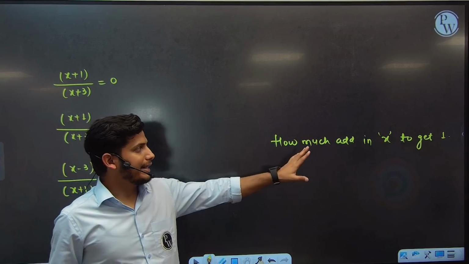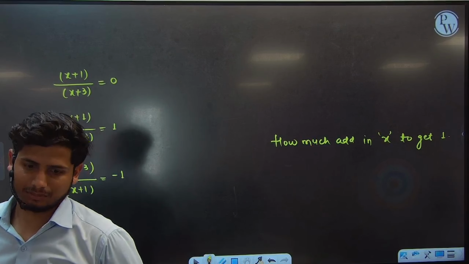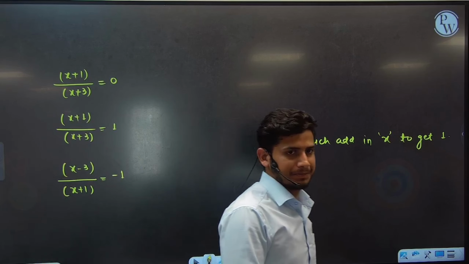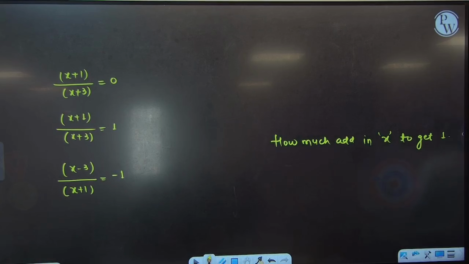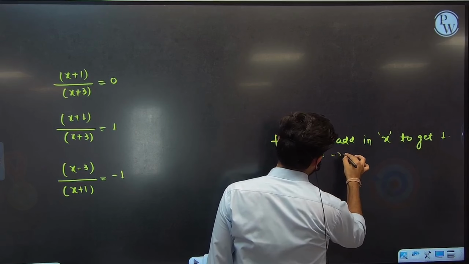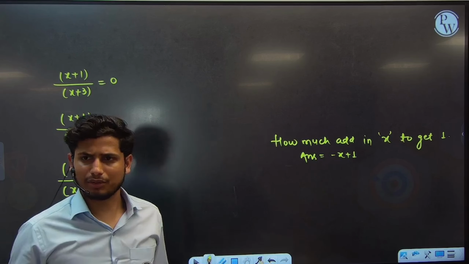How much to add in x to get 1? This is the basic question. Minus 2x, then you get minus x. But we want to get only 1. Minus x plus 1. Yes, this is right. So the answer is minus x plus 1, or 1 minus x also.